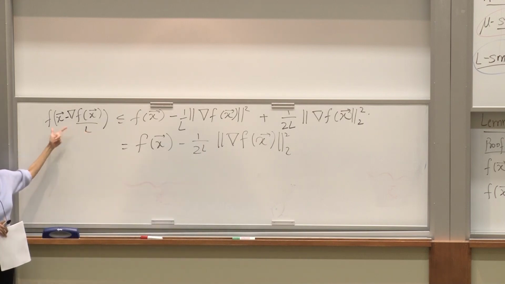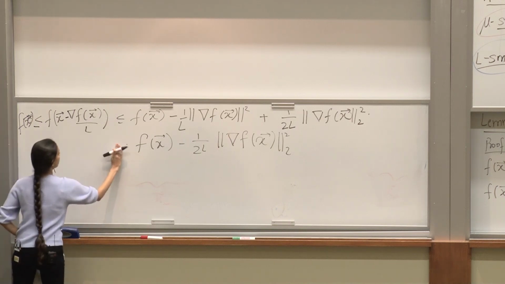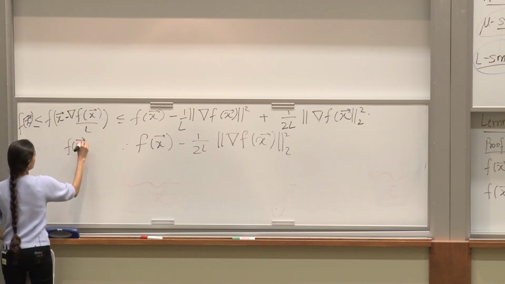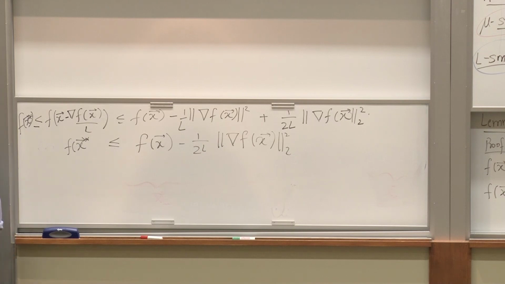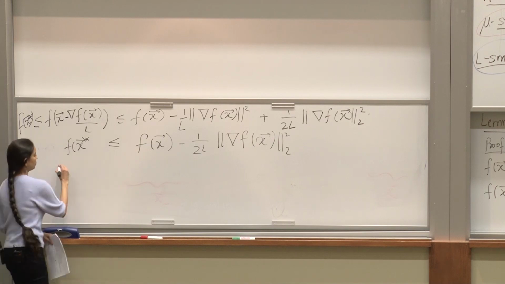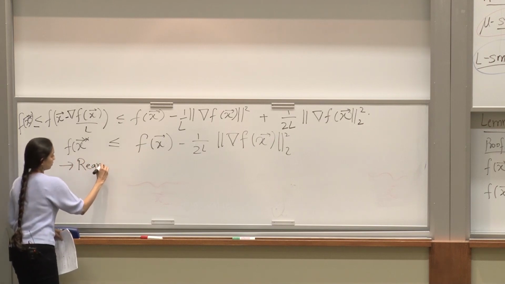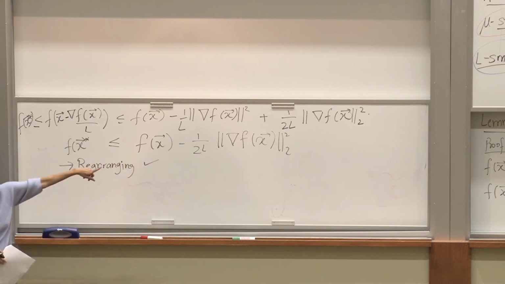But what can I say about the function value at the minimum point? It had better be smaller, right? So can I say that f of x star had better be smaller than this? Yeah? Therefore, f of x star is less than or equal to this quantity. And then rearranging, we're done. It gives us exactly what we want.